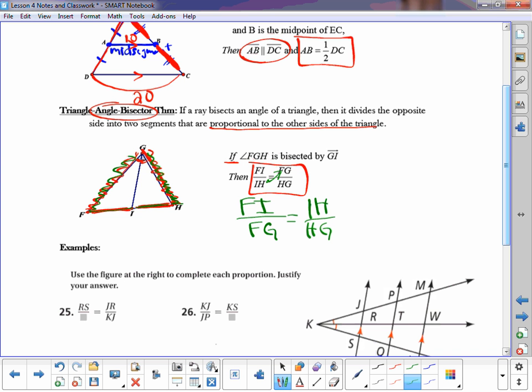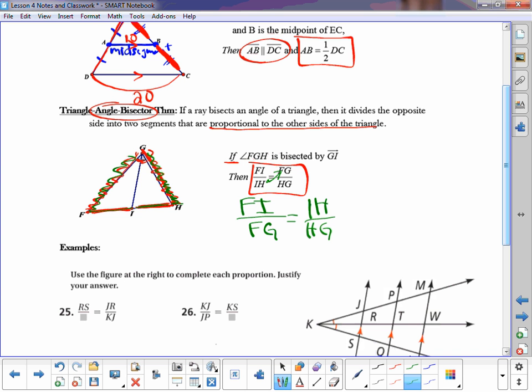Yes, Mike? Does it have to be a ray? No. You could have a line going through there, or a line segment. It can be any type of line, as long as it cuts that angle in half. Isn't GI a segment? How would we know if it's cut in half?